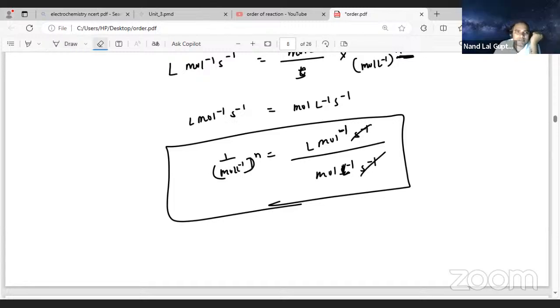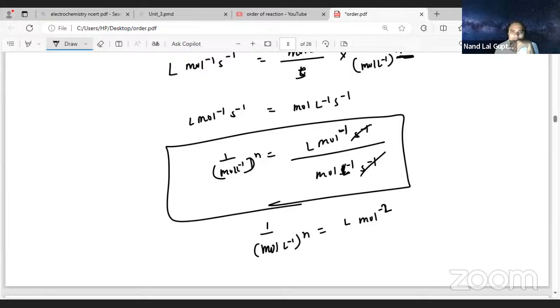So I am taking you a little bit of time. Mole, liter inverse, power n upon liter, mole inverse. Mole will go in the numerator, this is power 2. And liter will go in the numerator. This will cancel out. Okay.